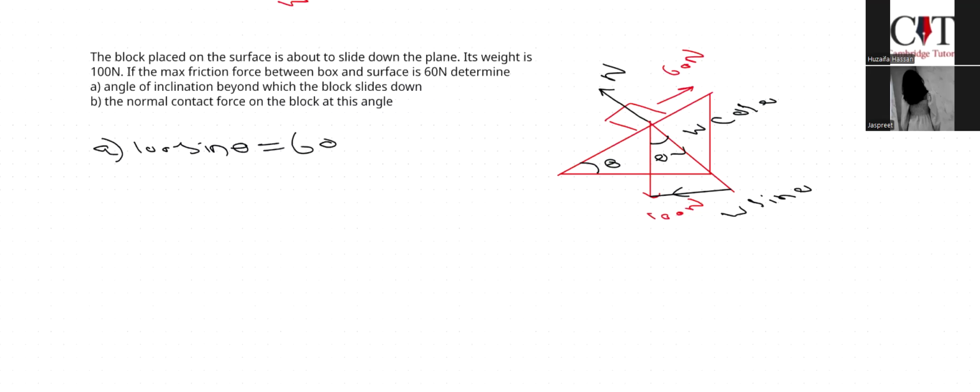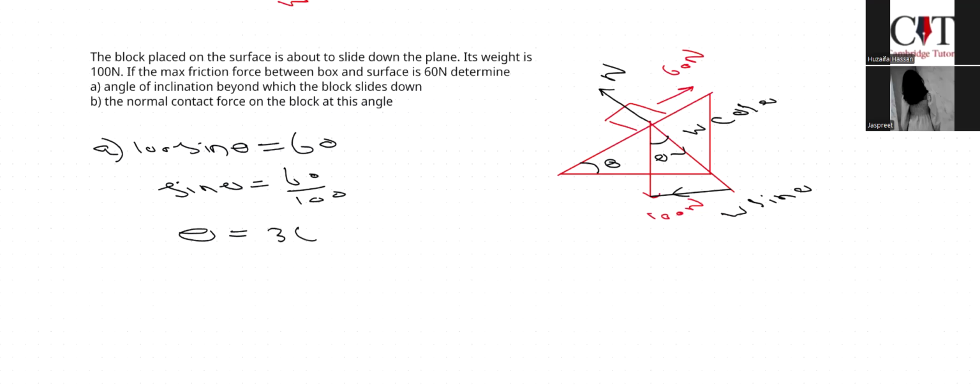So sine theta is 60 over 100. Then take the inverse. Tell me what is the angle coming? 36.9.